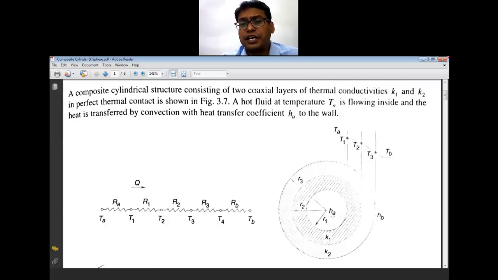HA is the inside heat transfer coefficient, HB is the outside heat transfer coefficient, TA is the inside temperature, T1 is the temperature on the inner surface of the inner cylinder of radius R1, T2 is the interface temperature between the two cylinders, and T3 is the temperature on the outer radius of cylinder 2, and Tb is the infinite temperature.